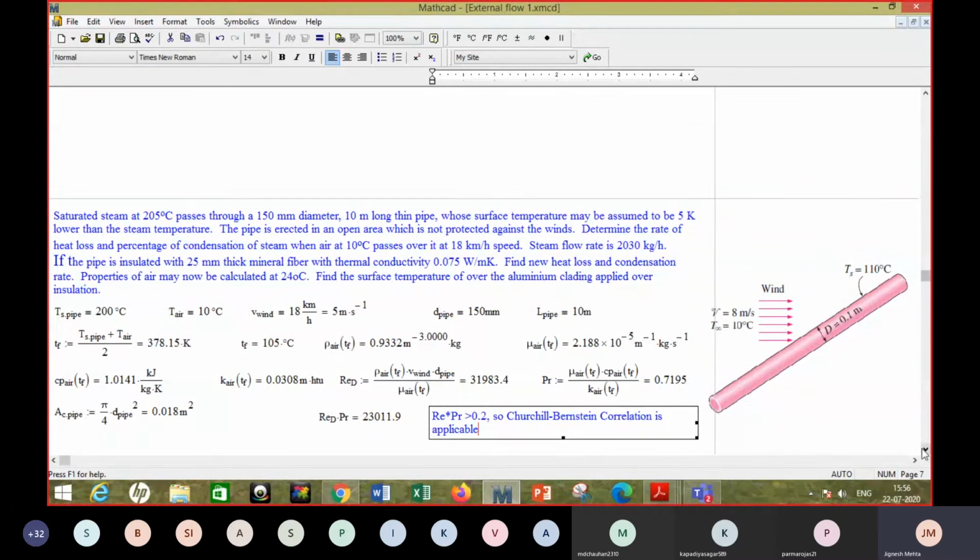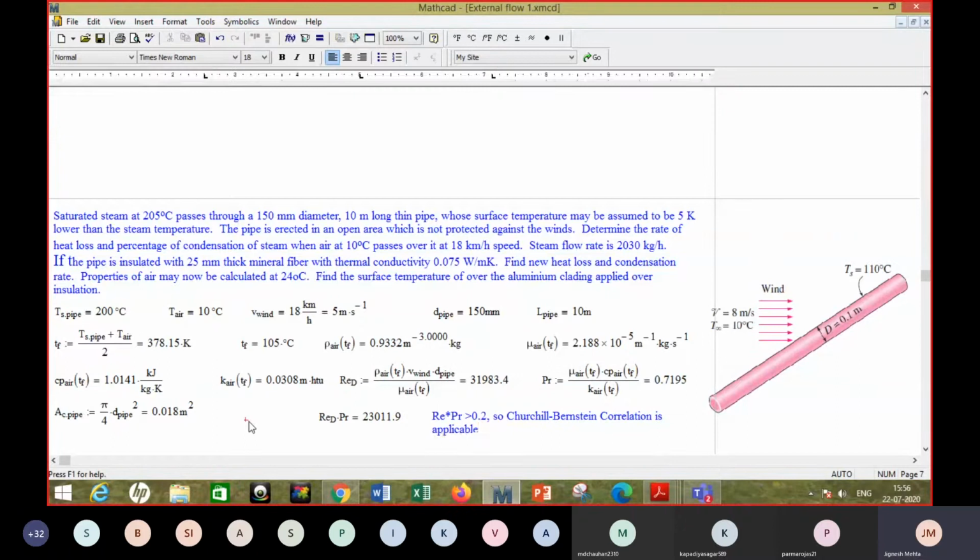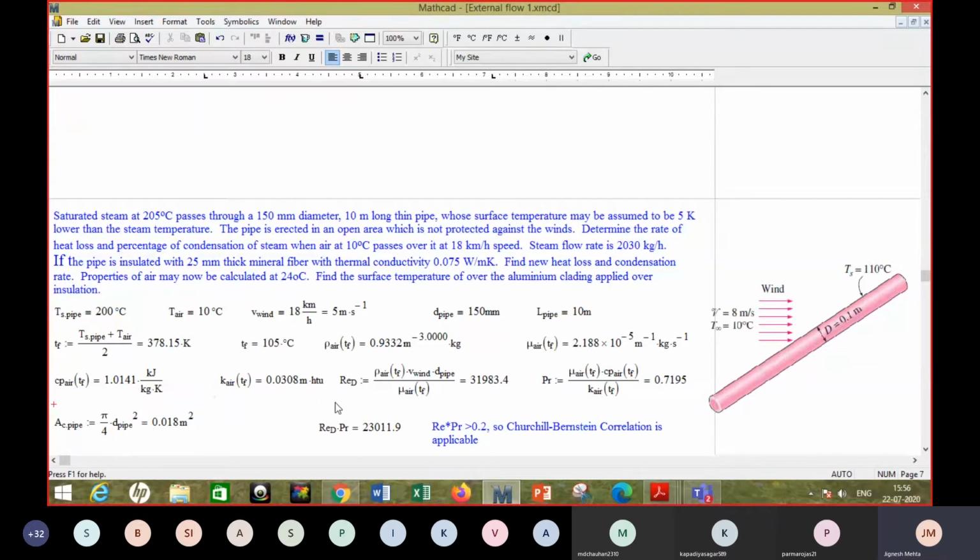Now you want to use the Churchill-Bernstein correlation, right? So what is the criteria to use that? You can't use any correlation anywhere. You should satisfy the criteria laid down for that correlation.